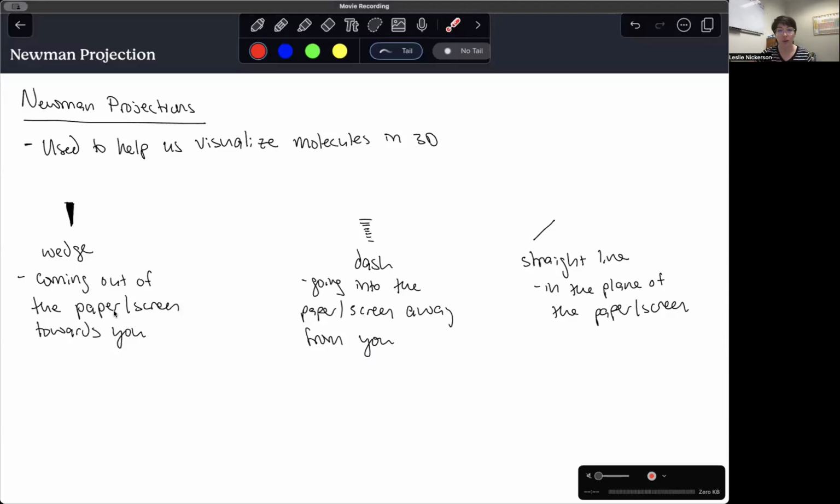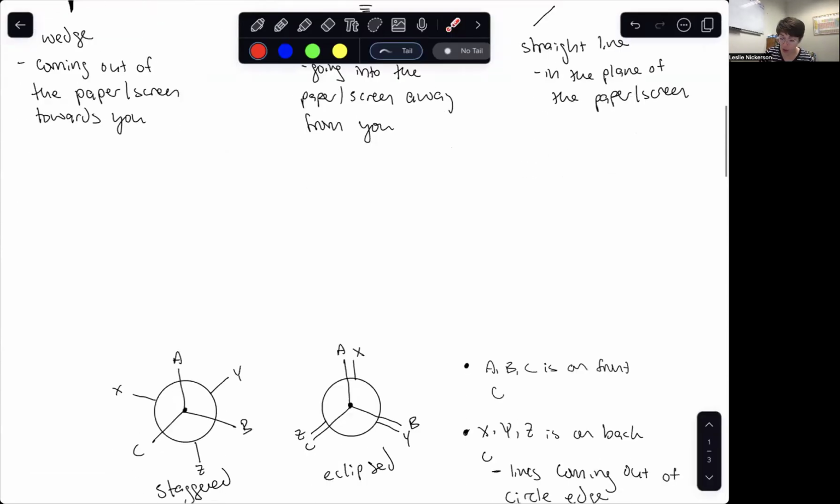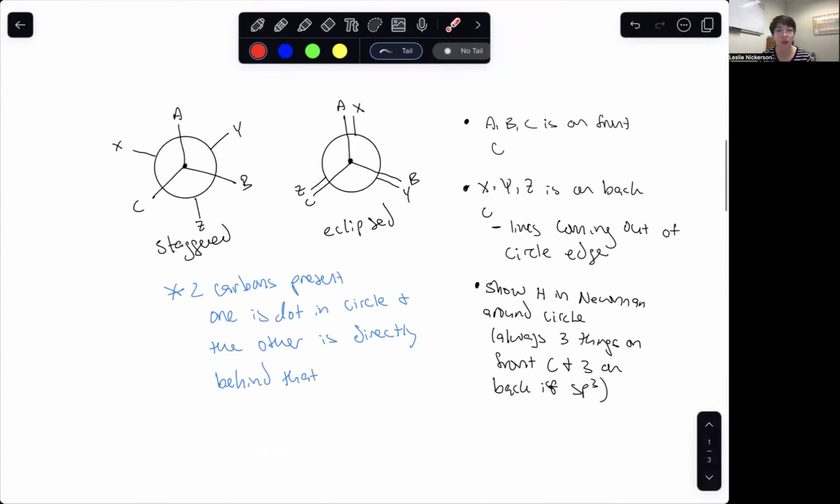If we're looking at a Newman projection, this is kind of what they look like. Just as I had in our little model, this is the representation of that front carbon. And the circle, you can think of as my hand blocking the back carbon stuff. It just helps you focus on what's on that front carbon.